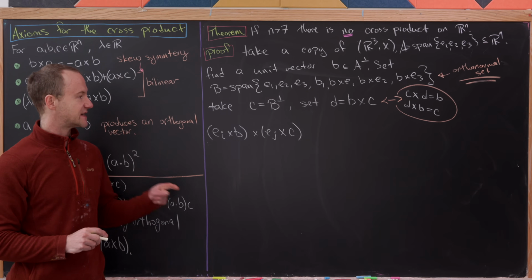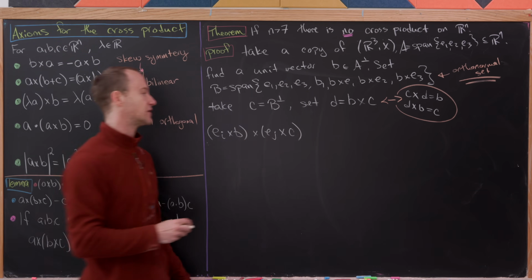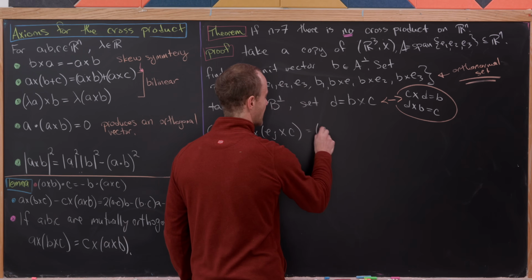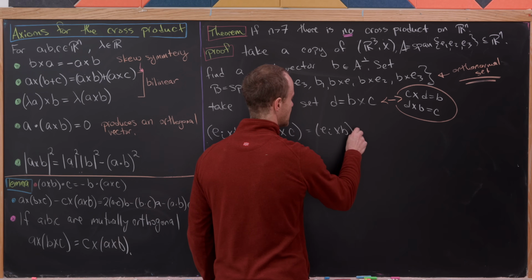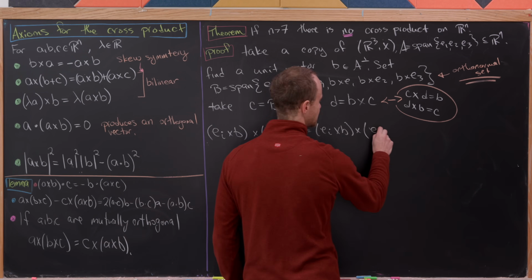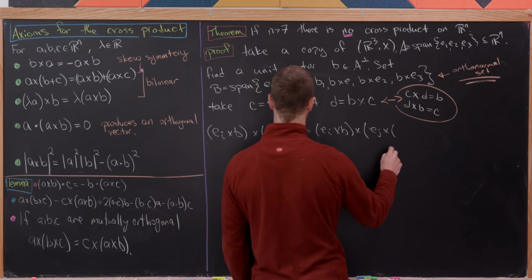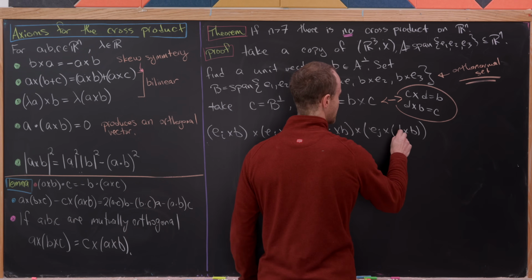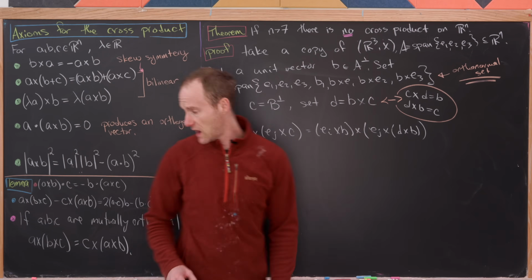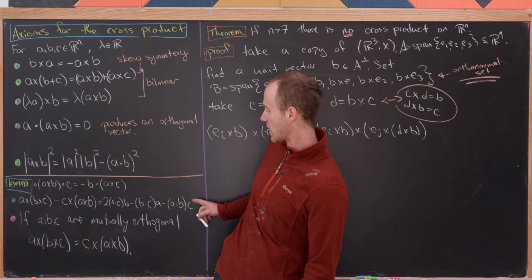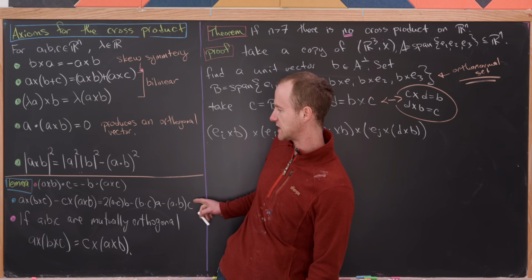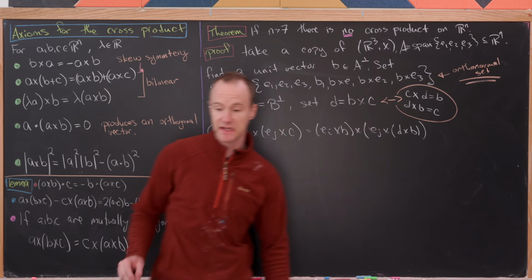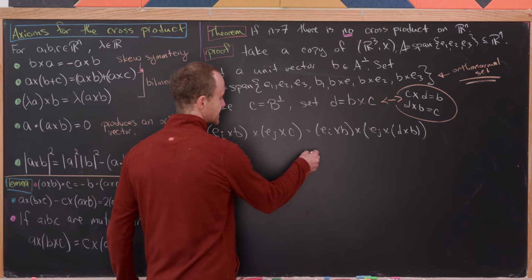Okay, now let's take C and write it as D cross B. So here we'll have EI cross B, and then this is going to be crossed into EJ, which itself is crossed into D cross B. Okay, nice. And now we can use this rule right here with appropriately chosen A, B, and C to rewrite this in the following way.